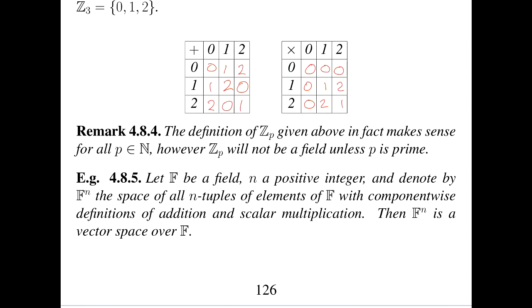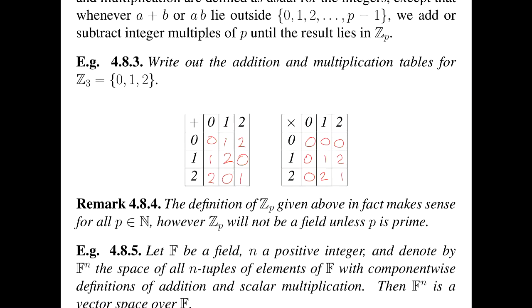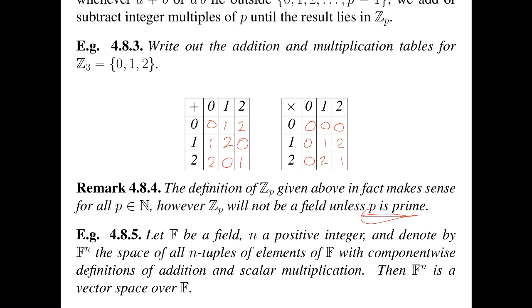Now, just as a remark, the definition of Zp given above does make sense for any natural p. It's not that the definition doesn't make sense, but it doesn't satisfy all of the field axioms unless p is a prime. So that's why we're only going to be interested in the case where p is prime.